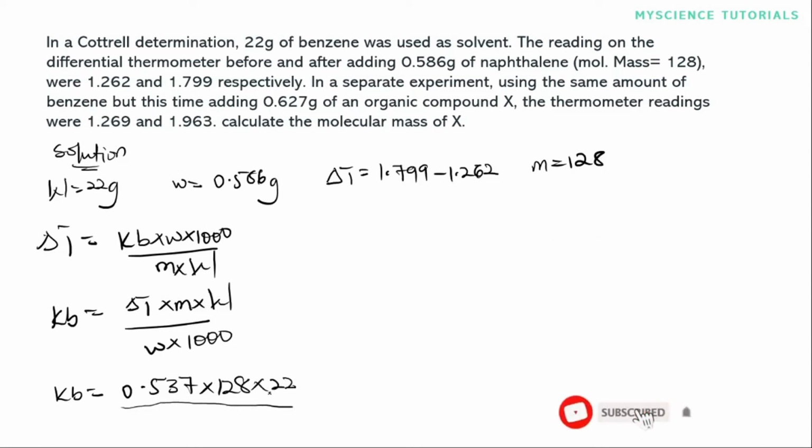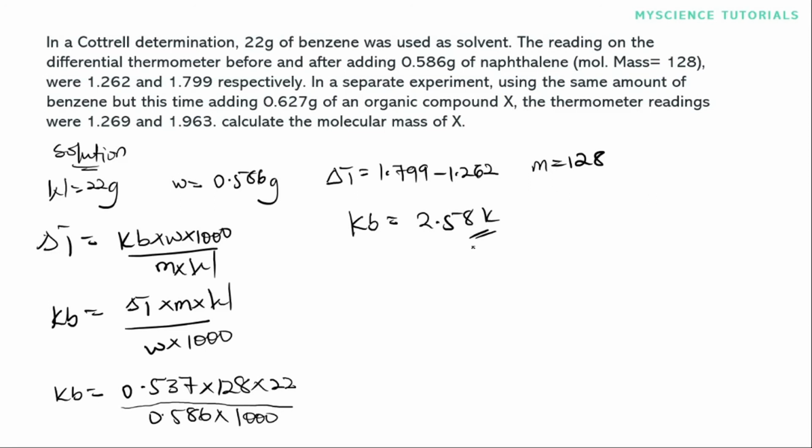The small w is 0.586, multiplied by 1000. So our Kb from here is equal to 2.58. This is the value of our Kb.